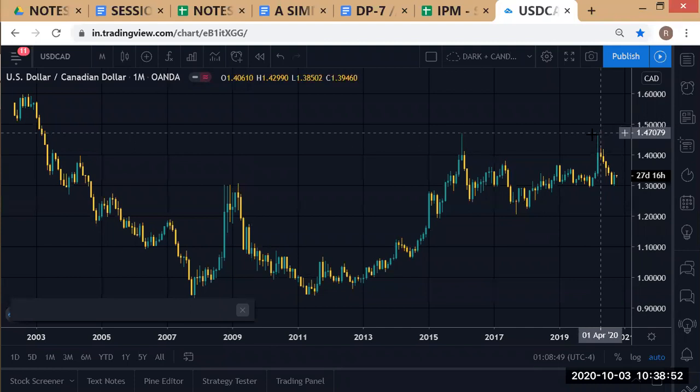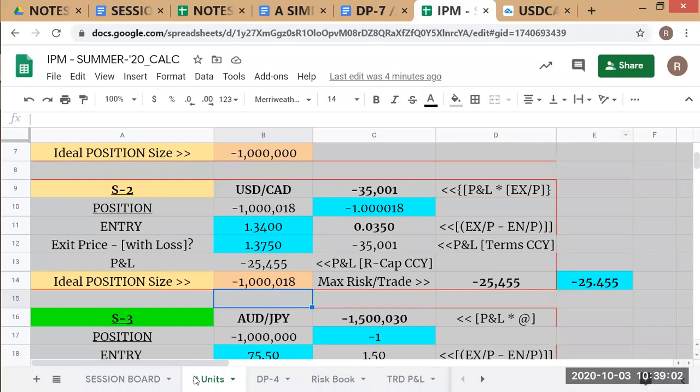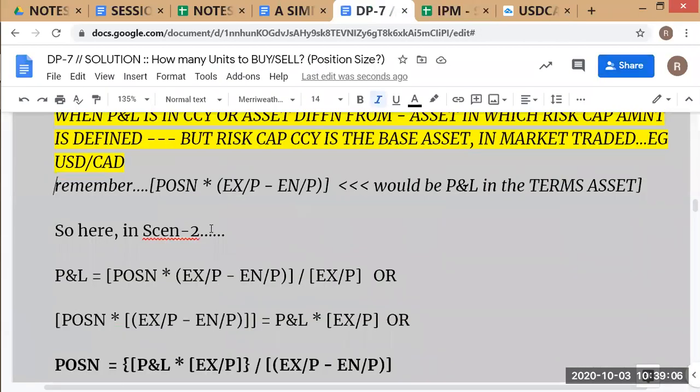One of the important elements of planning the trade is to figure out how many units you should trade, and for that you model the position size.